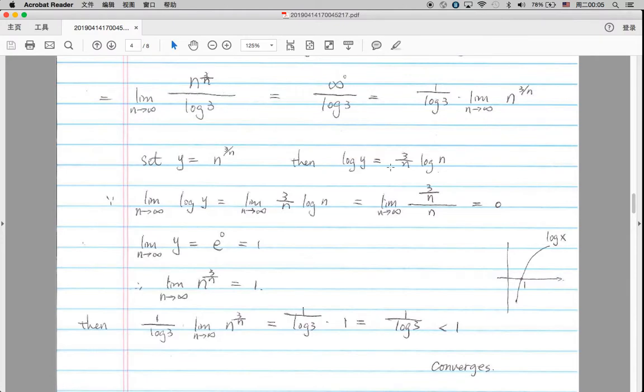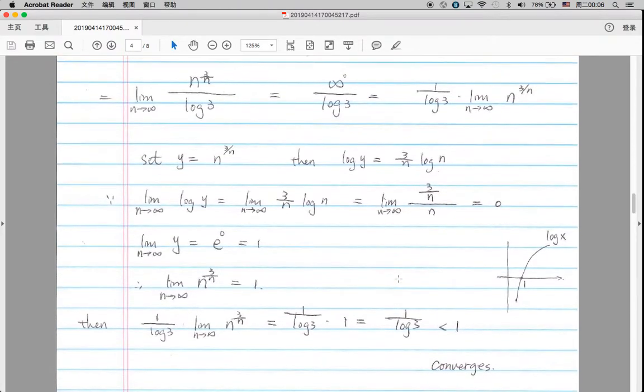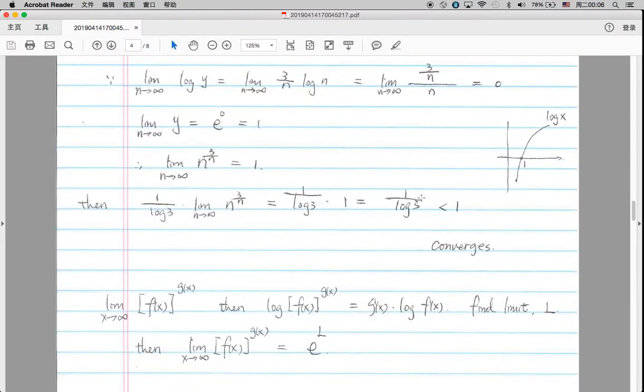So that gives the solution of this limit. The limit of y, which is n to the power of 3 divided by n, is 1. So our final solution is 1 over log of 3.